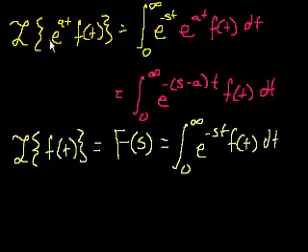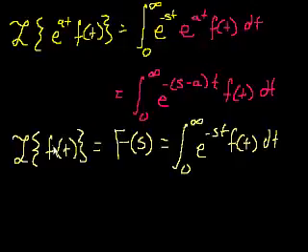Well, the Laplace transform of e to the at times f of t equals this. And what's the difference between the two? Well, it's not much. Wherever I have an s here, I now have an s minus a. So if this is a function of s, this is going to be that same function.